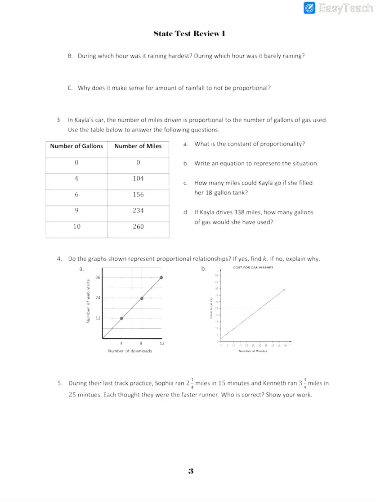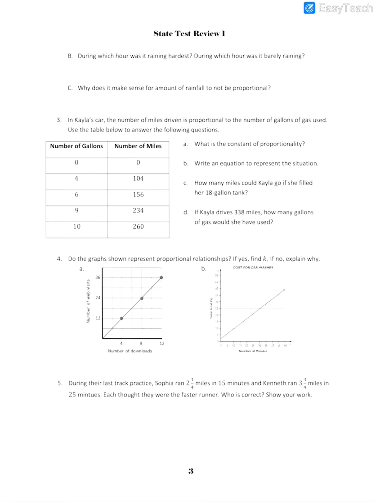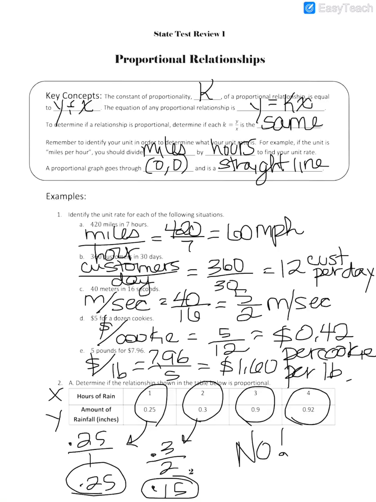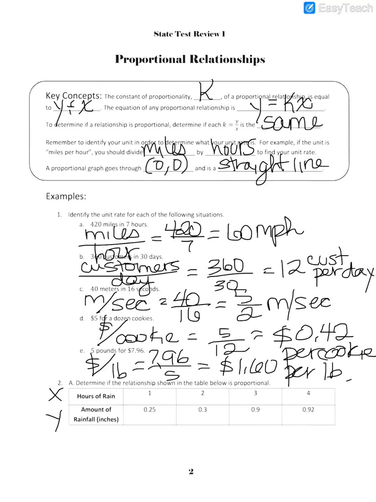Okay, so this is still dealing with the chart that we just did. It says, during which hour was it raining the hardest? Okay, so let's look back here. On this part, we actually want to look at each hour individually. So this is where we have to see how much it rained in each hour interval. During the first hour, it rained 0.25 inches.